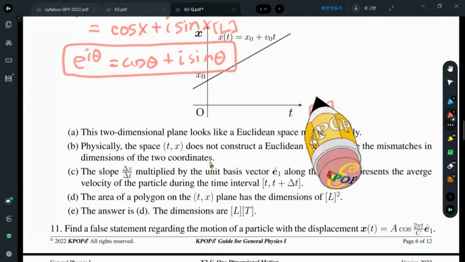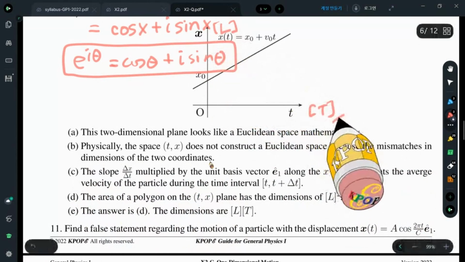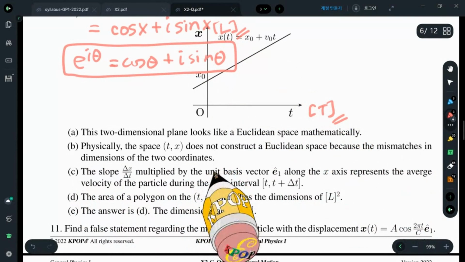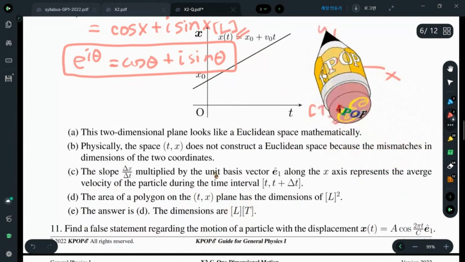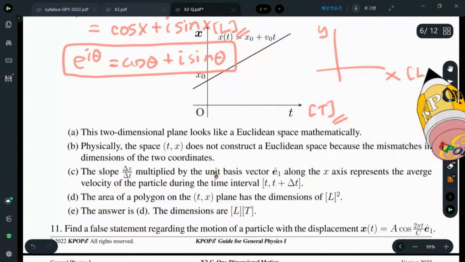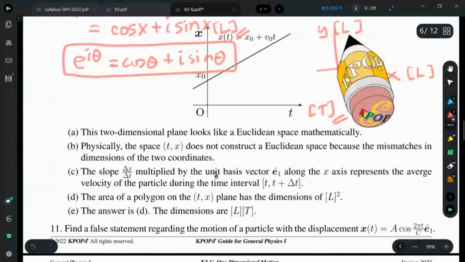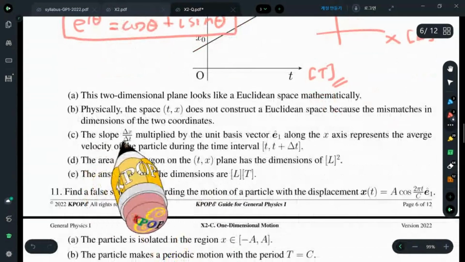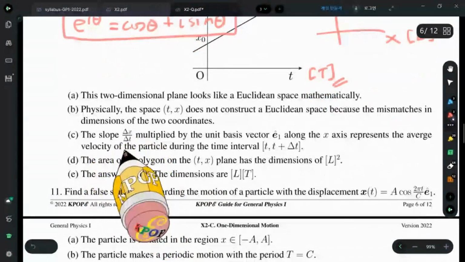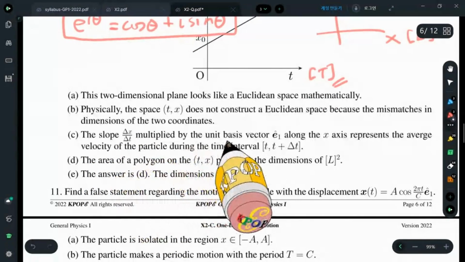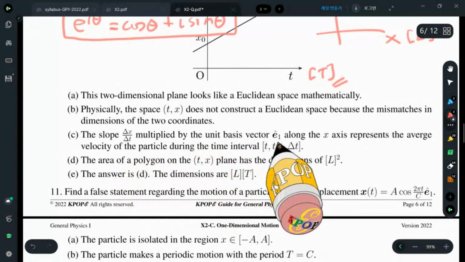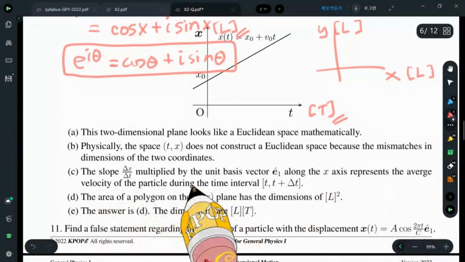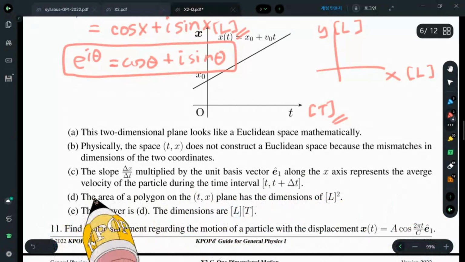They are of different dimensions. For example, x or y, that's fine. This is dimension of length, dimension of length. The slope multiplied by the unit basis vector e1 hat along the x-axis represents the average velocity of the particle. That's fine.